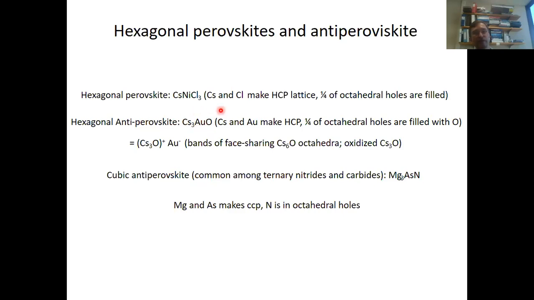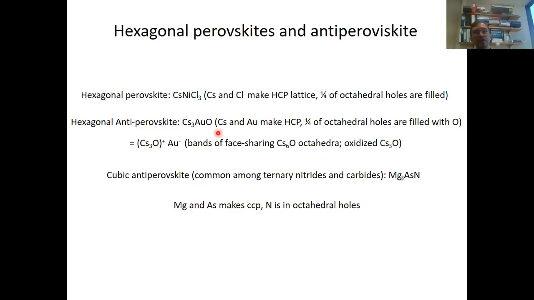So in this example, we have cesium-3 gold oxide. This is a hexagonal antiperovskite because the cesium and the gold cations make a hexagonal close-packed structure, and then one quarter of the octahedral holes are filled with oxygen.